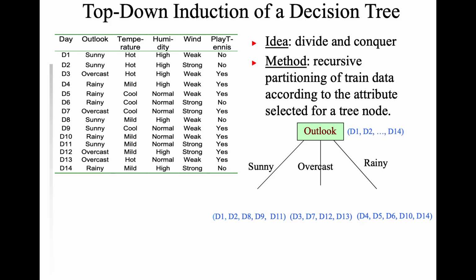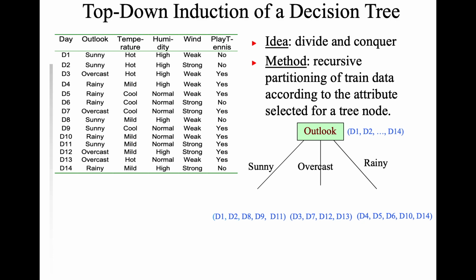So if the root node is outlook, what could be the branches? The branches represent the values of that attribute. So what are the values? They could be either sunny, rainy, or overcast. So these would be our branches. Now let's say it's sunny. In this example, we can use D1, D2, like the days, to show how many instances we have for each division.